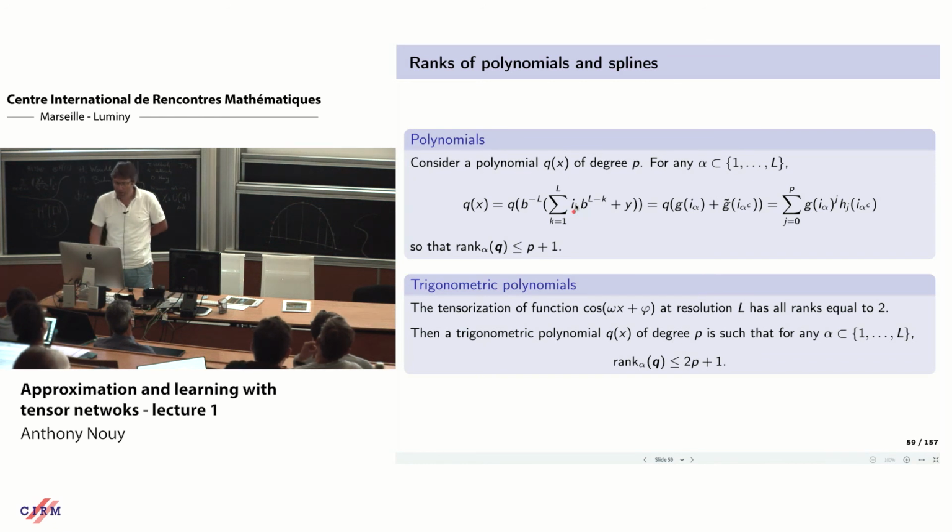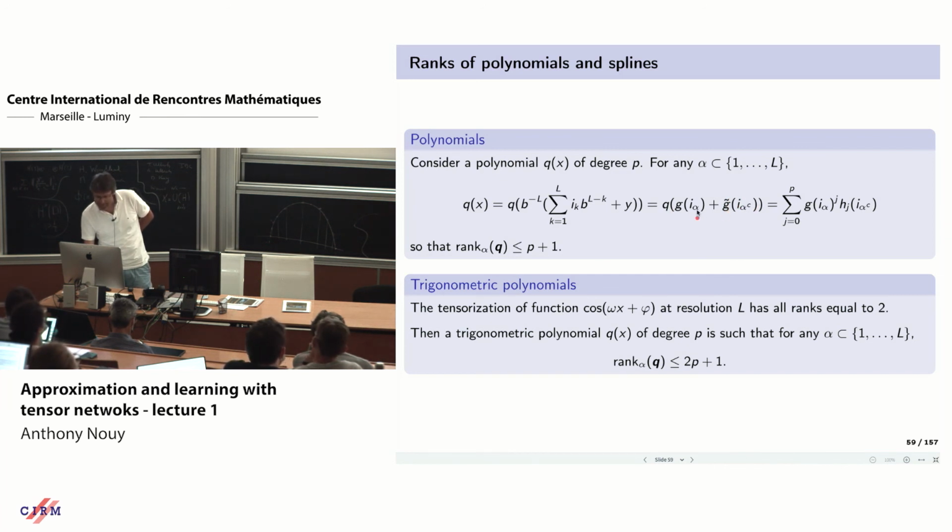You can write this multiple sum as a certain function of a group of indices i alpha, for alpha in 1 to L, and a function of the complementary variables, including y.